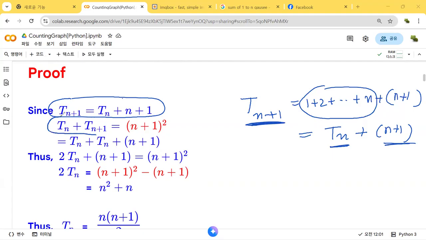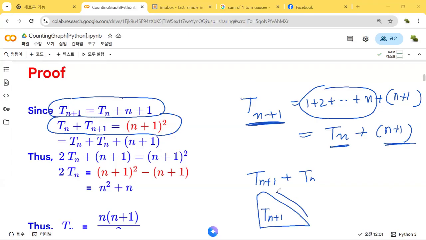Okay, this is the general formula: Tn plus 1 plus Tn. So this triangle is the bigger one, n plus 1, and this is the smaller one, like this. Then in this case, this is n plus 1 squared. But you can replace this one by what?